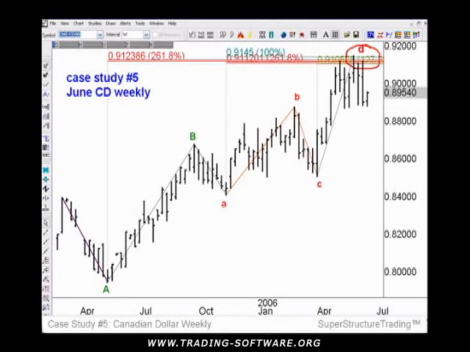That's a good place to not only get out of your long position that you bought over here, but you need to consider going short. So you can buy here to go up and then short to go down. So we have 4 Fibonacci extensions clustering, 2 of which are very extreme, 2.618.